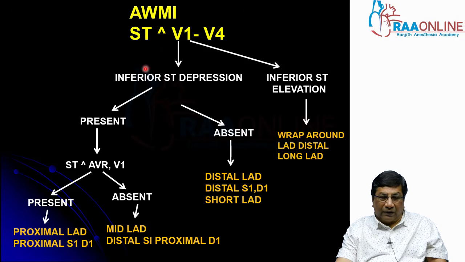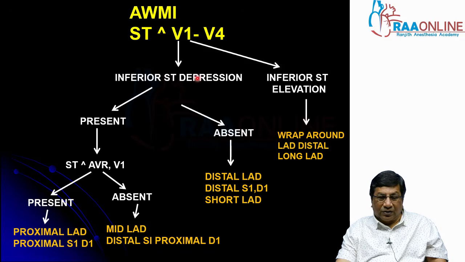So if I don't have any inferior ST segment change, neither depression nor elevation, it is a distal LAD lesion, which is a short LAD, not winding around the apex. No ST segment change.